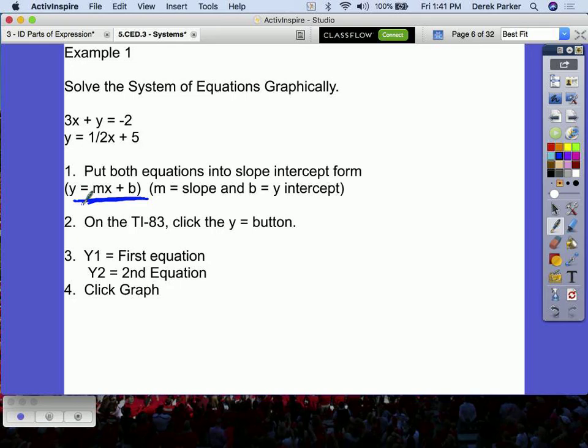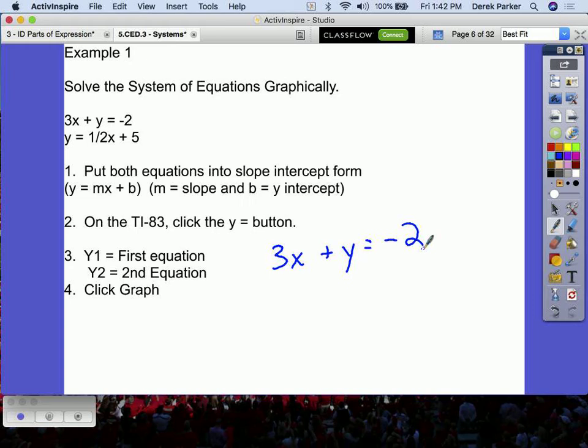So let's look at the first example here. As you can tell, equation 2 is already in slope-intercept form, but equation 1 is not. So let's go ahead and convert 3x plus y equals negative 2 into slope-intercept form. To do this, all I want to do is get y on a side by itself.